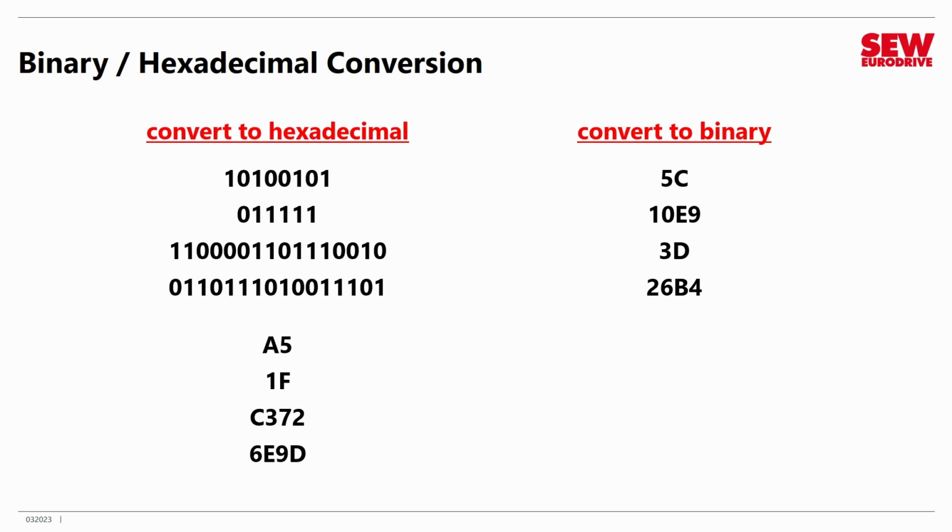We'll take 5C, convert it to the binary number, and it's 0101 1100. Hexadecimal 10E9 is 0001 0000 1110 1001. 3D is 0011 1101.